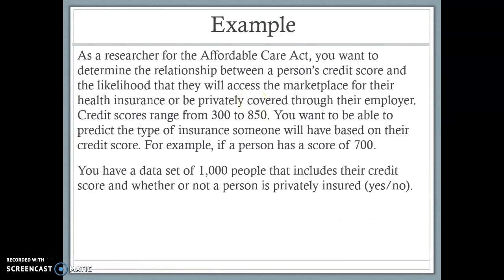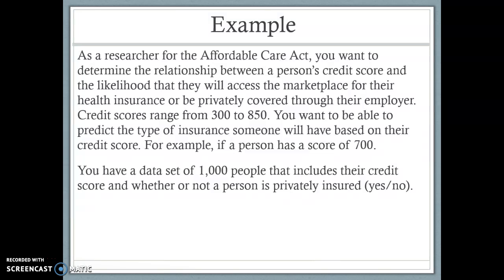So let's cover this through an example. If you're a researcher for the Affordable Care Act, you want to determine the relationship between a person's credit score and the likelihood that they'll access the marketplace, which is that public insurance, or if they'll be privately covered.